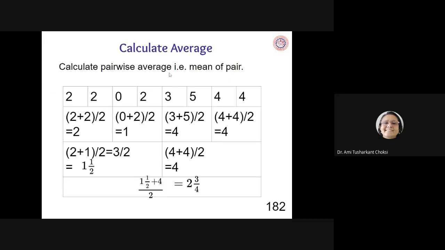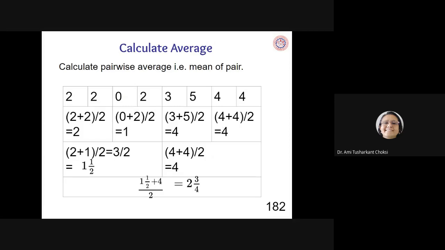I have put the columns that way, merged, and we are taking the mean. So you can see that very clearly, and in the exam also you have to write clearly like this only.